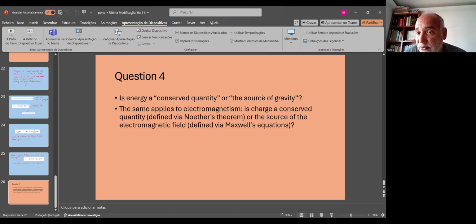But still we have the source of gravity. In electromagnetism, we have both. But I am convinced, and I will try to construct some theory which is gauge invariant and which produces different results for the other current and for the right-hand side of Maxwell's equations.